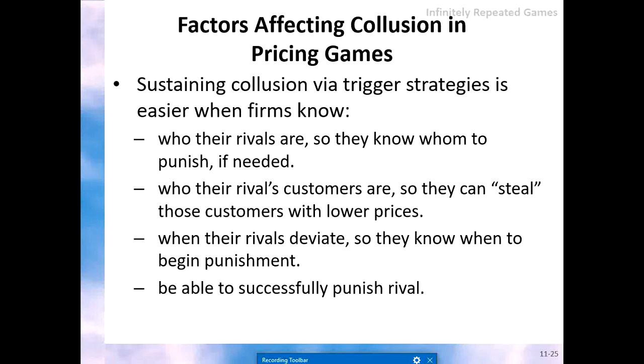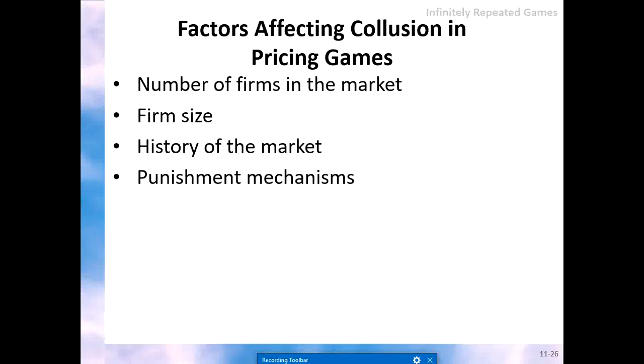And also you must be able to successfully punish the rival. If you don't have the resources to do so, then better you do not go into this type of collusion, especially if your firm size is very small and you don't have economies of scale.